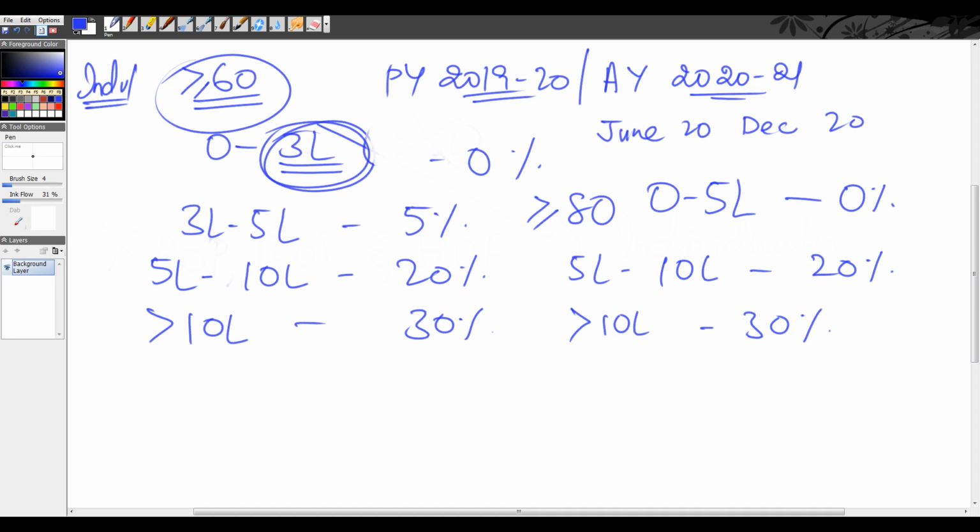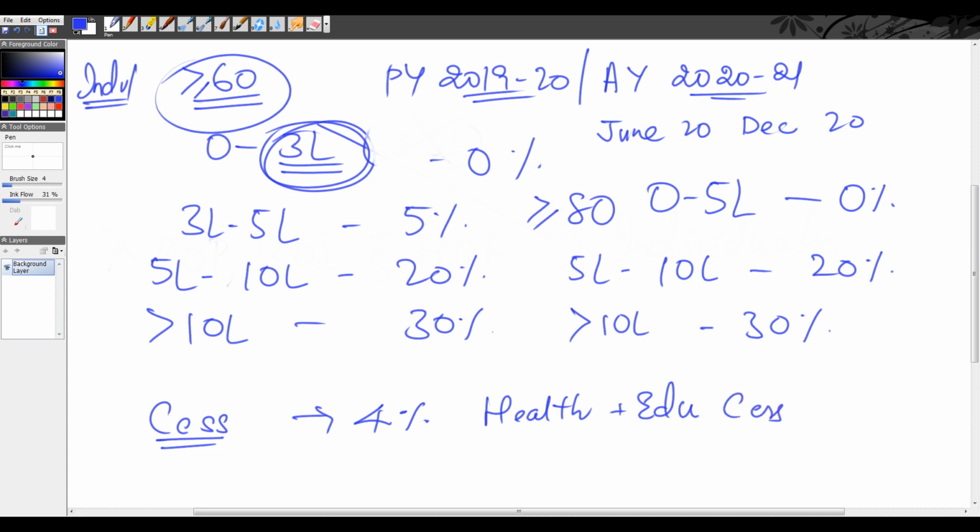Now, there is something else apart from this as well. On top of all this, we have something known as cess, which the government collects for various reasons. Right now the cess stands at 4%, which is collected for health and education purpose. Health and education cess stands at 4%.